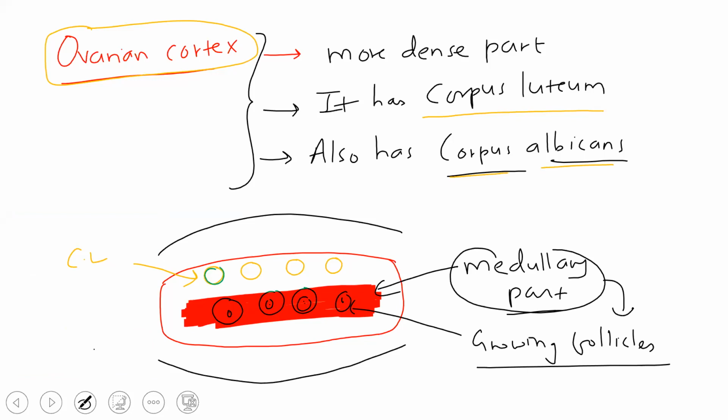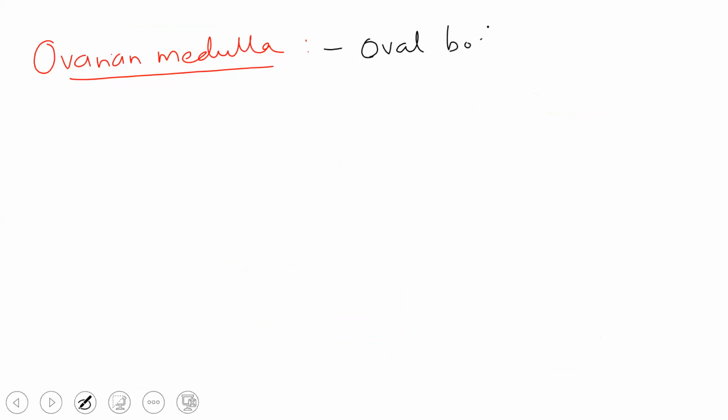Now, what is it? Let me explain. The ovarian medulla contains oval bodies, this sort of structure.